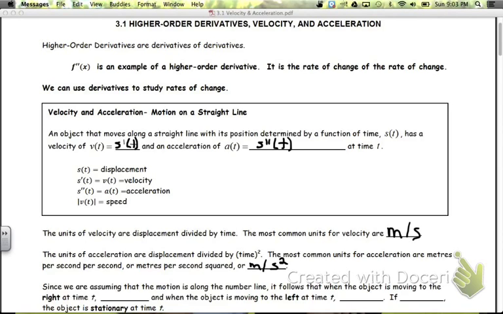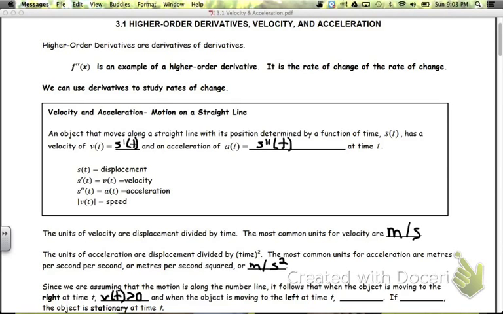Since we are assuming that the motion is along the number line, it follows that when the object is moving to the right or up at time t, our velocity, v of t, is going to be greater than 0.